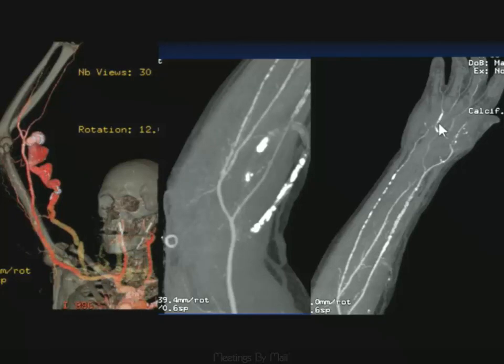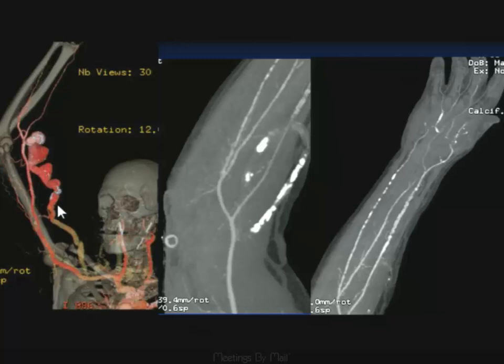And this is not uncommon in patients with chronic renal disease, that they will have that element of multifocal atherosclerotic disease. And on occasion, they can develop ischemic changes in their digits related to this extensive atherosclerosis. You'll also see this patient on the MIP has some calcium around the location of where the brachiocephalic conduit is.